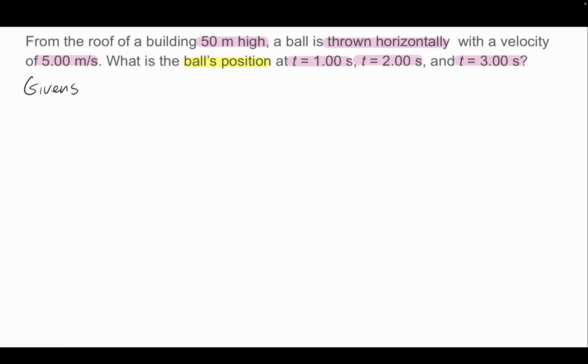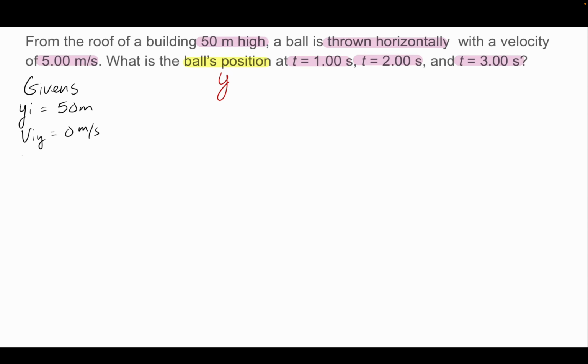Let's assume that we're going to go with the actual Y. Let's look at the Y position. So if I write my givens, I know that YI is going to be at 50 meters. I know that my VIY is 0 because it's launched horizontally.